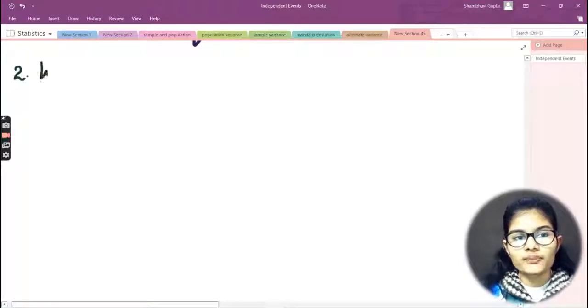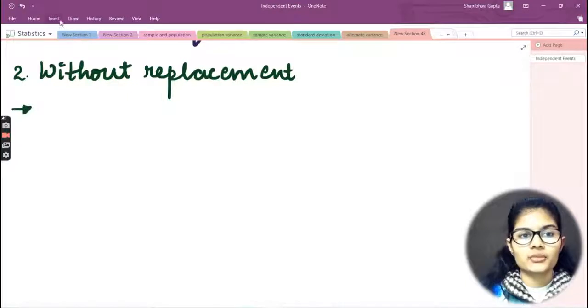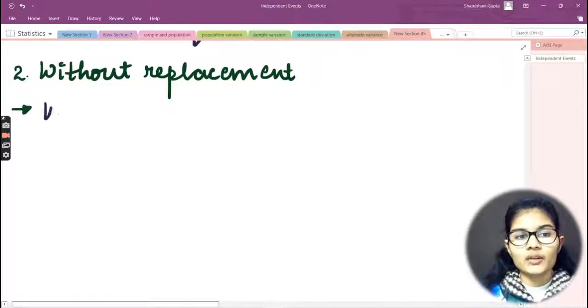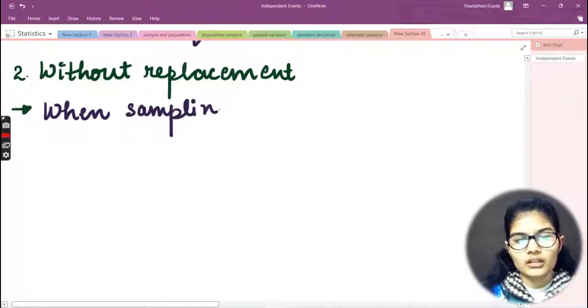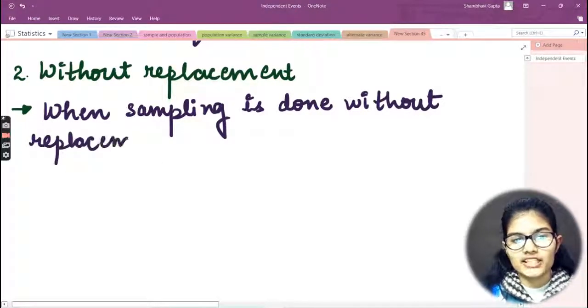Now, the second one goes here, and that is the without replacement. Now let's learn what comes under this without replacement.